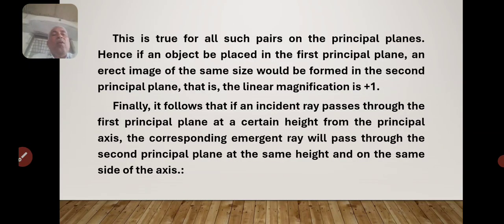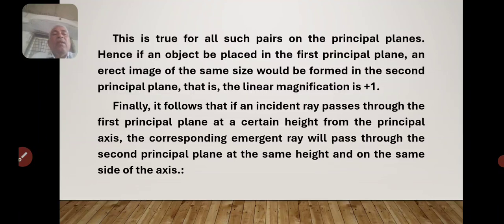This is true for all such pairs on the principal planes. Hence, if an object is placed in the first principal plane, an erect image of the same size would be found in the second principal plane. That is, the linear magnification is positive 1.